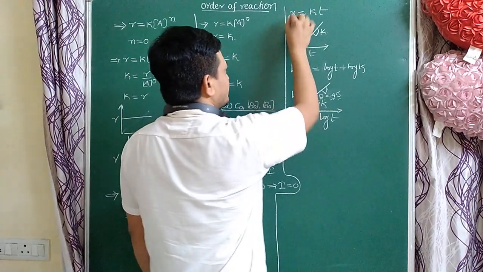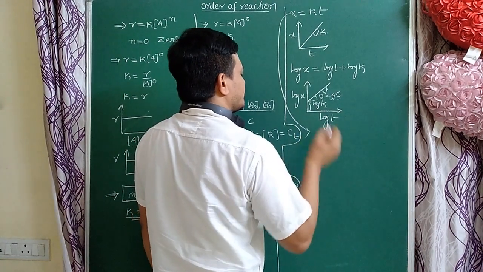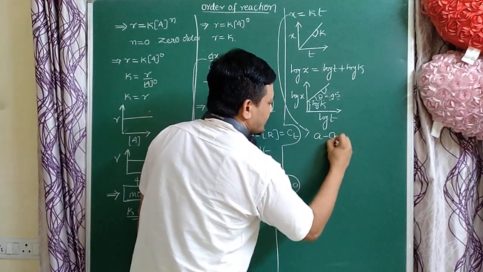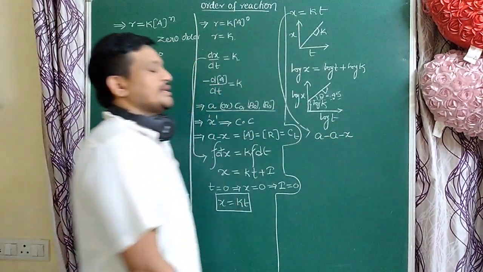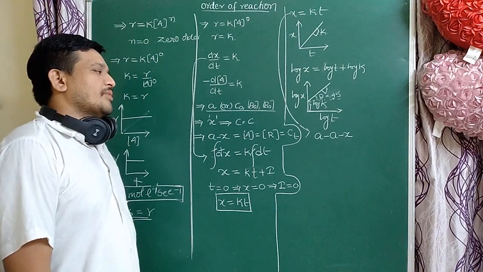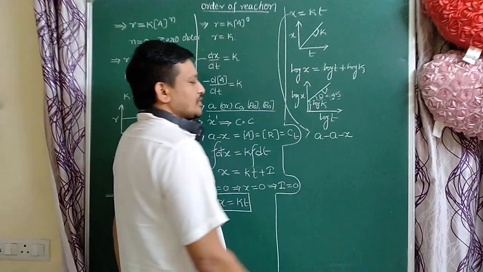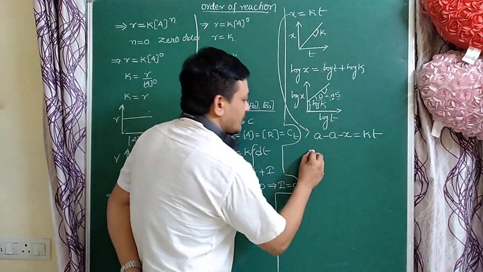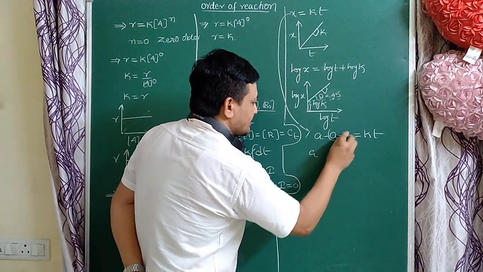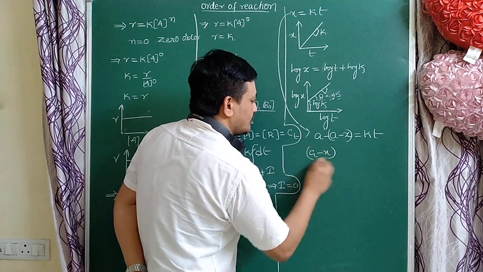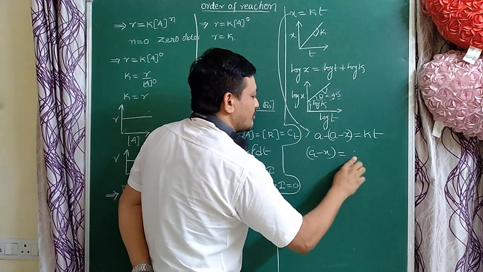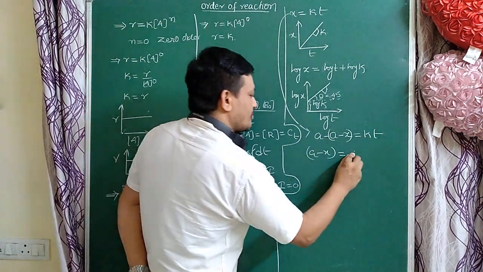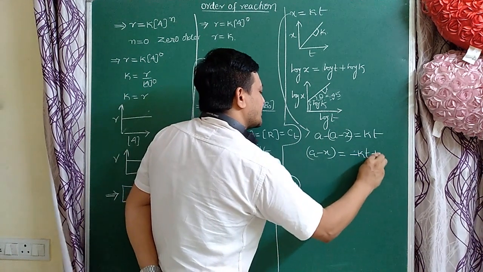Next, what is the x value, students? The consumed concentration. How do we get it? Initial concentration minus remaining concentration, that equals kt. So a minus x equals minus kt plus a.